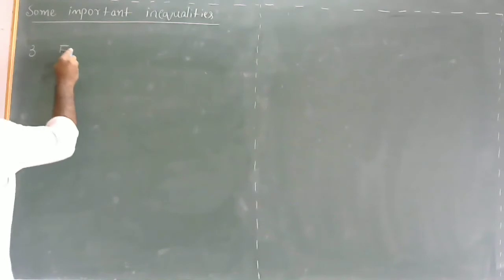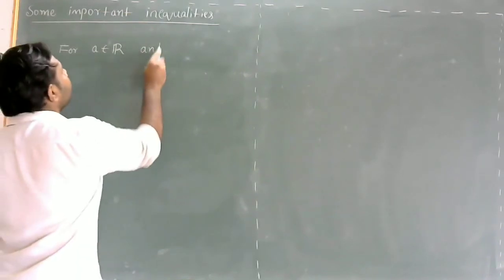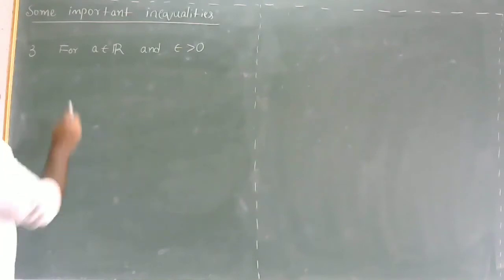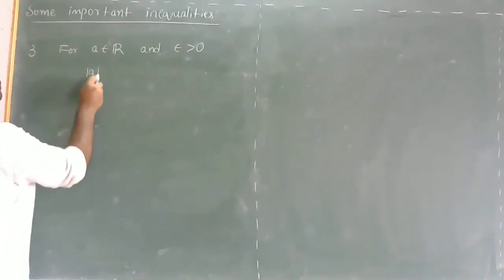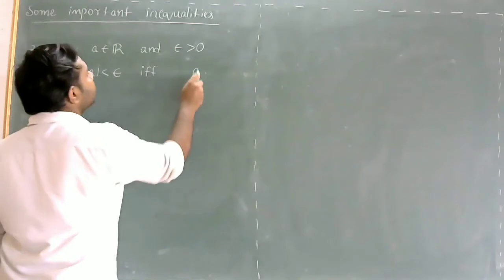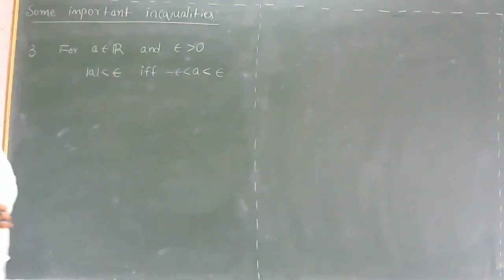The third inequality, for any real number a and for a positive epsilon value, modulus of a is less than epsilon. We say that absolute value is less than epsilon if and only if a lies in between minus epsilon and plus epsilon.